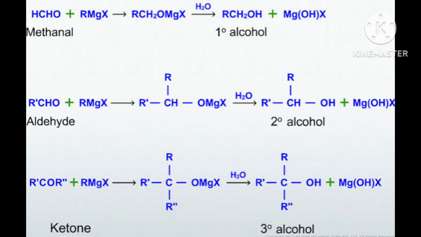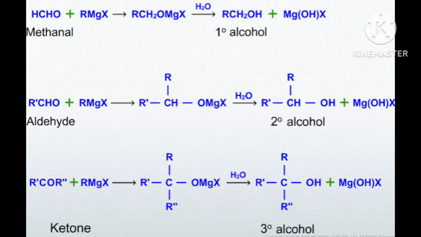In place of the alkyl, a methyl group is attached, and in place of X, bromine. The same way it will happen: the double bond will break, oxygen will get negative, carbon will be positive, then the methyl group will come as a negative charge and join with carbon, and O will join with magnesium. The adduct is then hydrolysed, H will come to the O, and OH will go to the Mg.